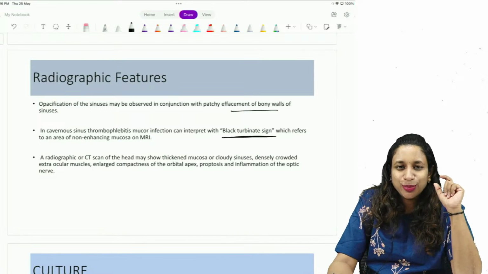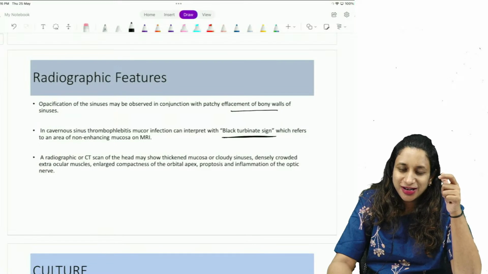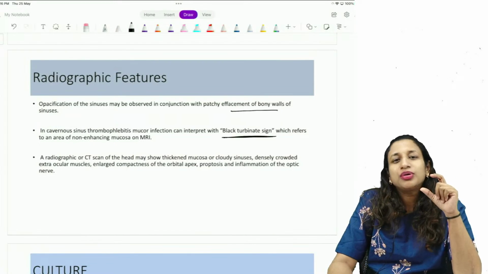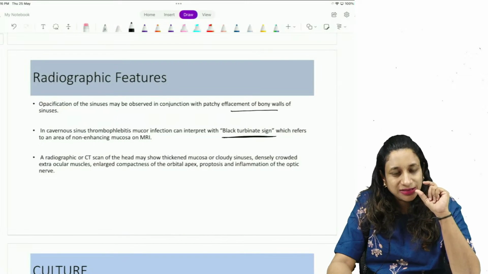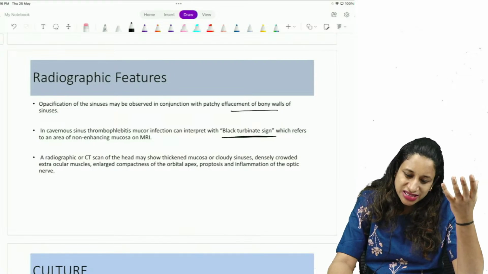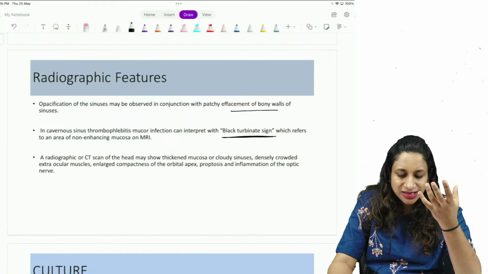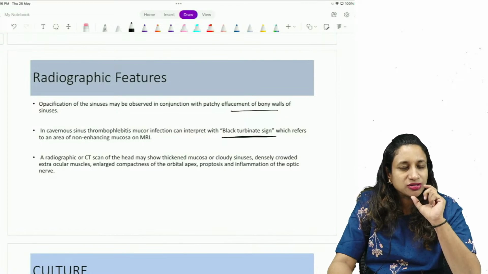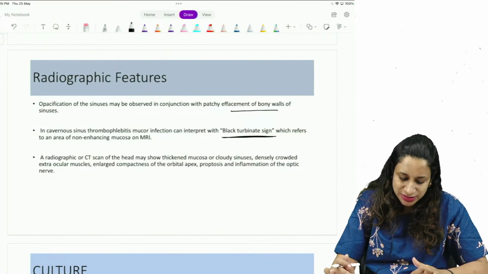So all of this will be also covered by a radiologist. So this is something that is also important to remember when it comes to signs. So it's called as black turbinate sign. So thickening of your mucosa or cloudy sinuses, and you tend to see that there is proptosis, all of this going in favor of mucormycosis when it comes to the radiographic aspect of it.